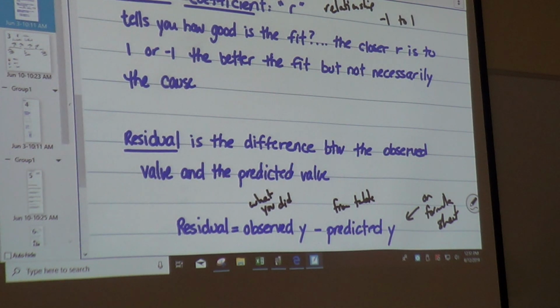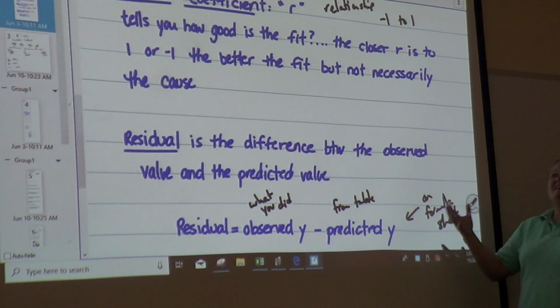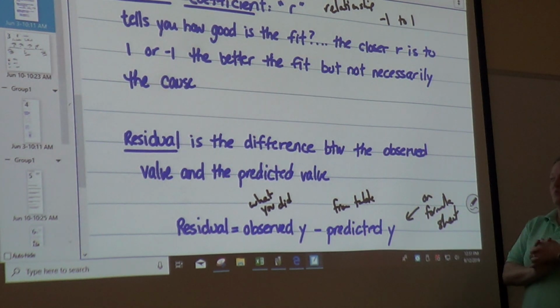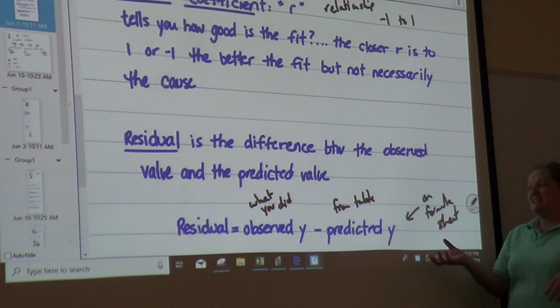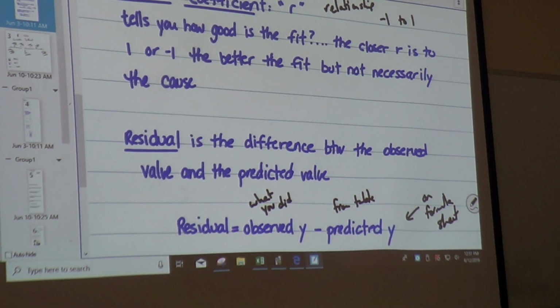The observed value is actually what you did. You know, he ran a race and this is his time. The predicted value is what we're gonna get from the table. It's what didn't happen, it's what we say is gonna happen, what we predict. So the residual is what you did, which is your observed value, minus the predicted value, which is from your table.